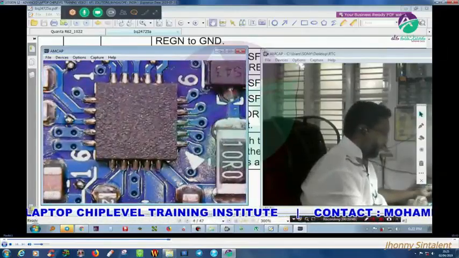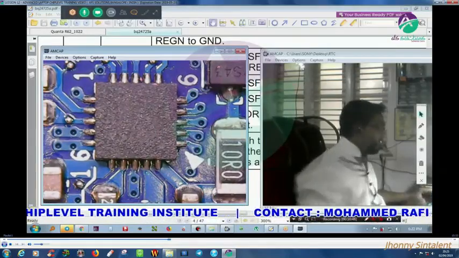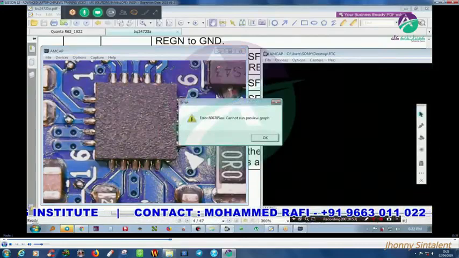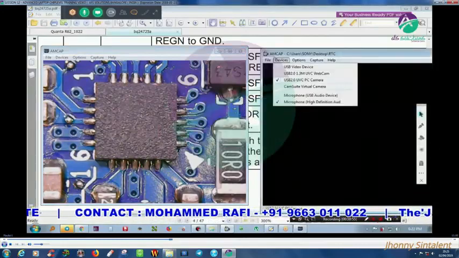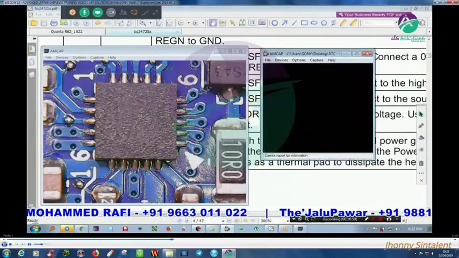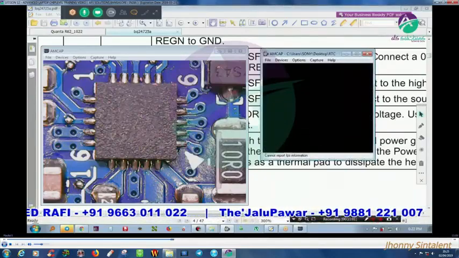Okay, pin number 20, I have connected the DC jack. Once I connect the DC jack, my DC jack is showing me 15. My DC jack is showing me 15.